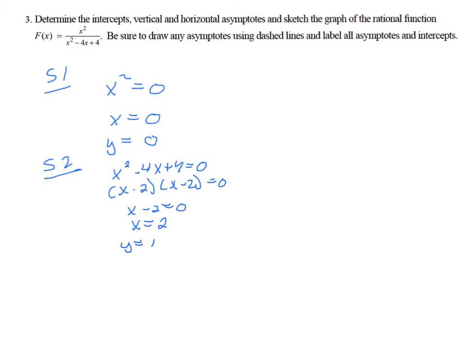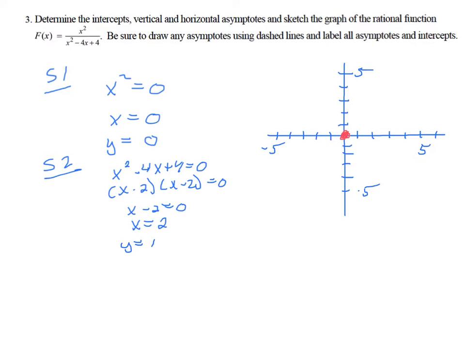Okay, next we're going to sketch this out. So let's start by drawing our axes, labeling things off. All right, I'm going to use red here, and I'm going to put x equals 0. So there it looks right there. There's my x-intercept, and there's my y-intercept.